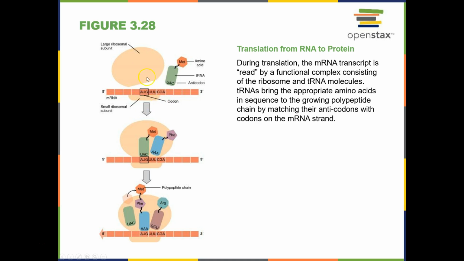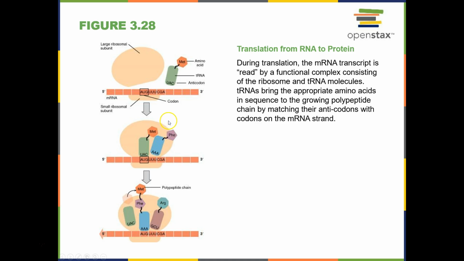So once the ribosome binds to the transcript or the messenger RNA, the first site is going to be where your first codon is found, and the second site is going to be where the second codon is found.